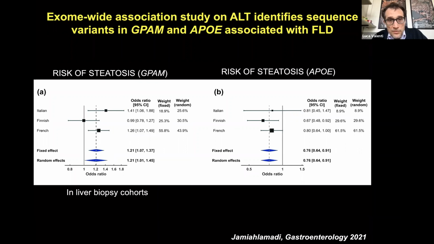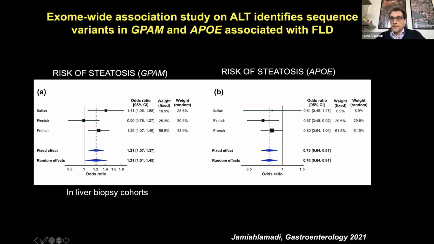These are two variants in GPAM, which is involved in the synthesis of glycerol phosphate and fatty acids in the liver, with the risk variant associated with an increased risk of fatty liver disease.